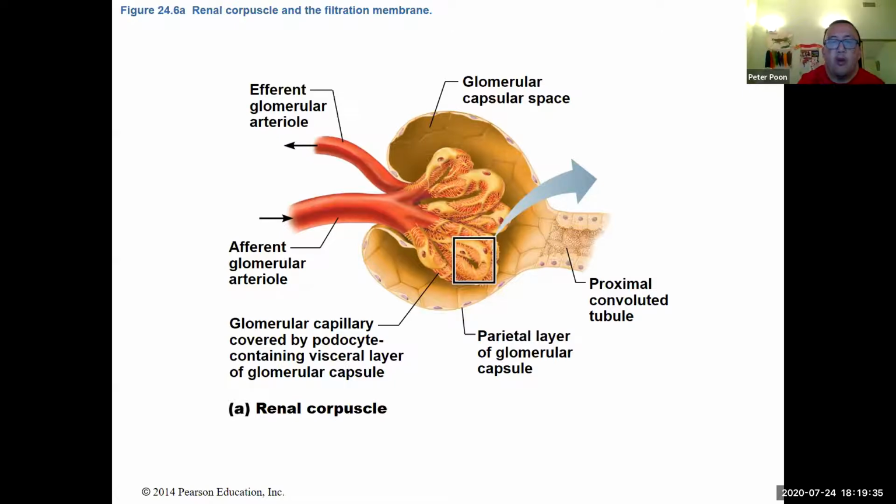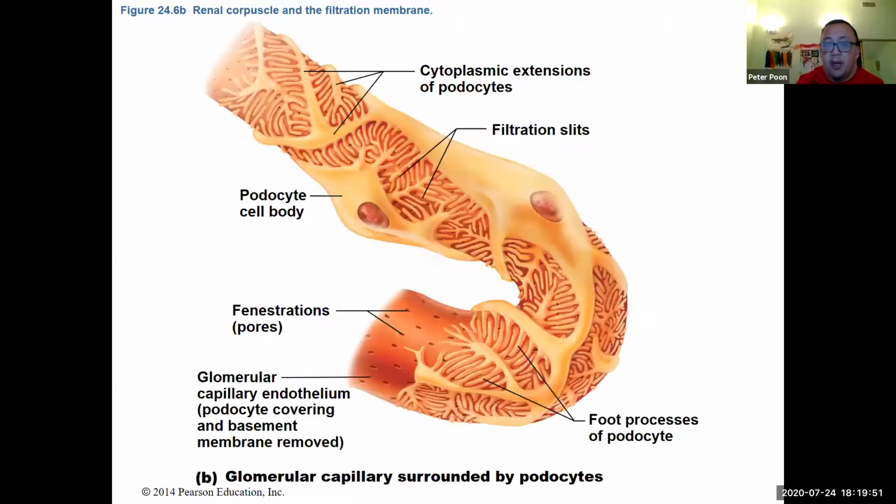See how this tube is bigger than that tube. That creates pressure on the small tube. In addition to that pressure, I have a whole bunch of little holes here, the fenestrations or pores. These are fenestrated capillaries. So now I have pressure and a whole bunch of holes, so the fluid is going to leak out of the fenestrations.